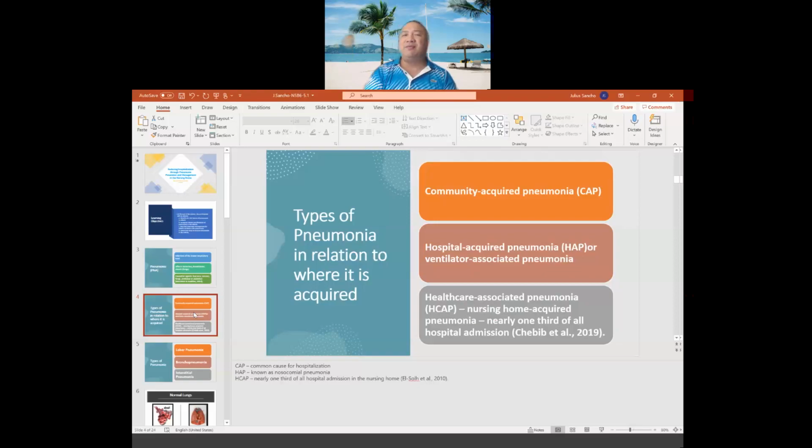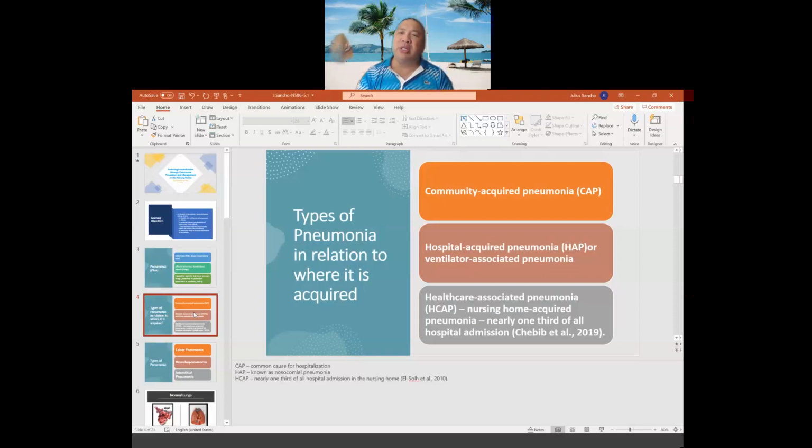So, what are the types of pneumonia in relation to where it is acquired? If it's acquired in the community, then it is called community acquired pneumonia, or CAP. If it's acquired in the hospital, it is known as hospital acquired pneumonia or ventilator associated pneumonia. It is also known as nosocomial pneumonia.